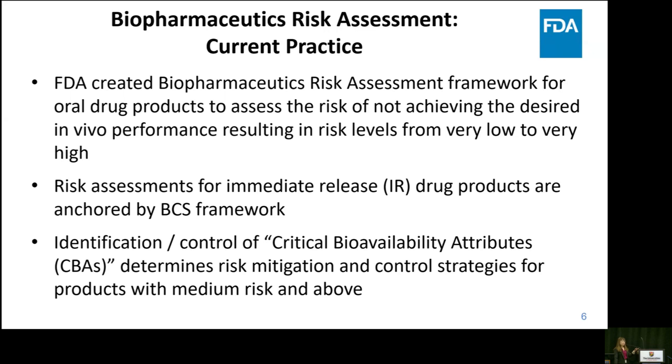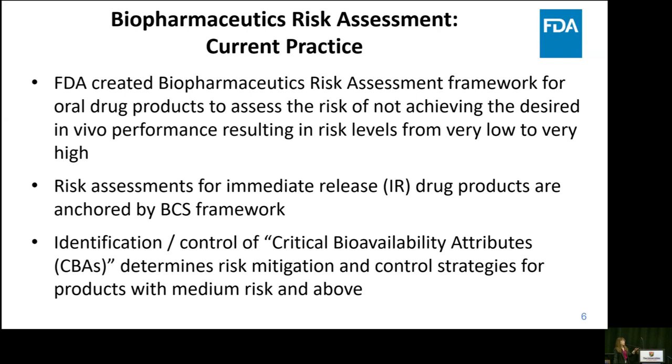So this approach has its merits. However, it has limitations. The biggest limitation is that those methods usually lack the relevance to the clinical performance. Also, most of those so-called critical bioavailability attributes are much better and well controlled by direct testing.